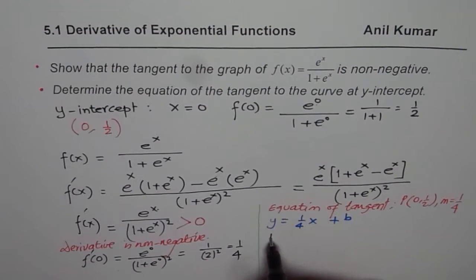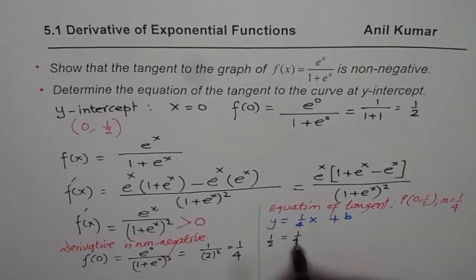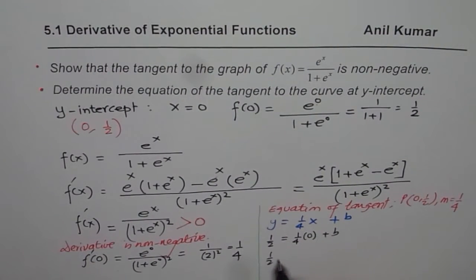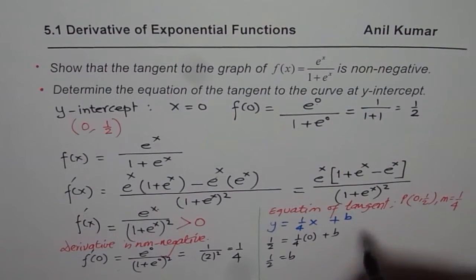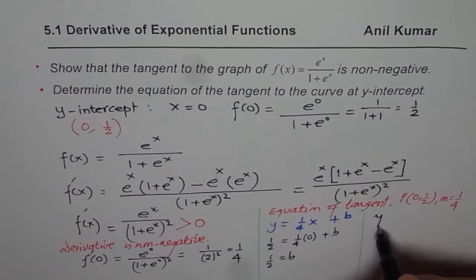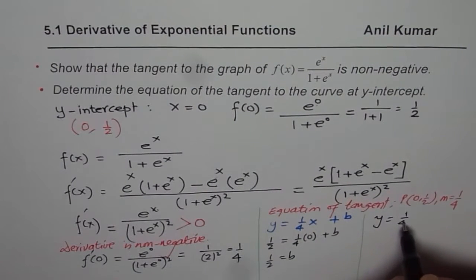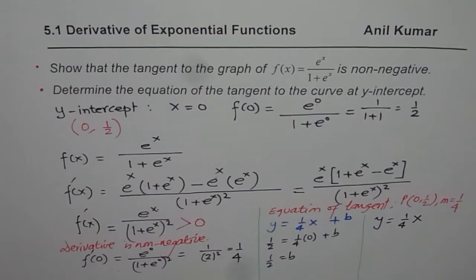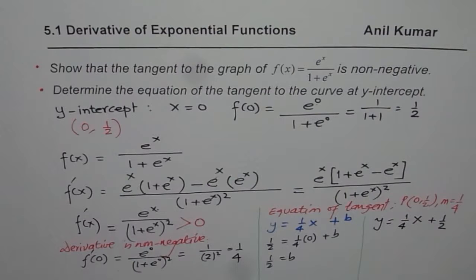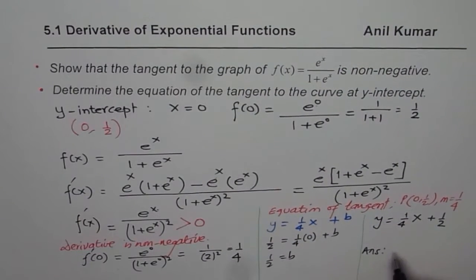So half for y equals 1 over 4 times 0 plus b. Obviously this is the y-intercept, so half equals b, the y-intercept. So therefore we can write down the equation, as y equals 1 over 4 x, correct? Plus half, which is the y-intercept, right? So that is how we could write the equation in slope-intercept form. So now we get the solution. We'll say the answer is y equals 1 over 4 x plus half.